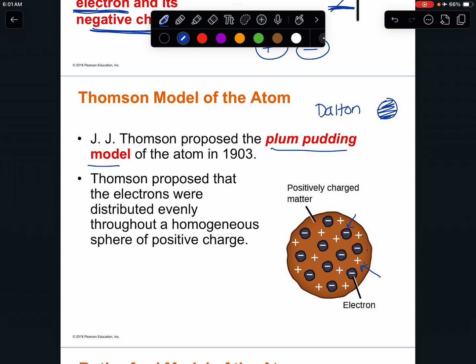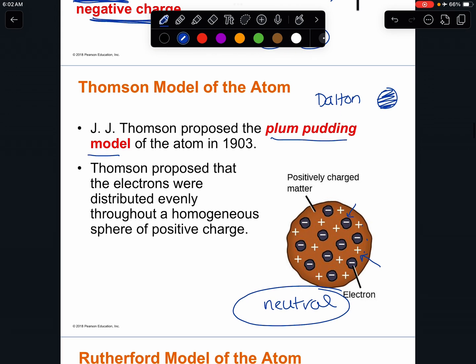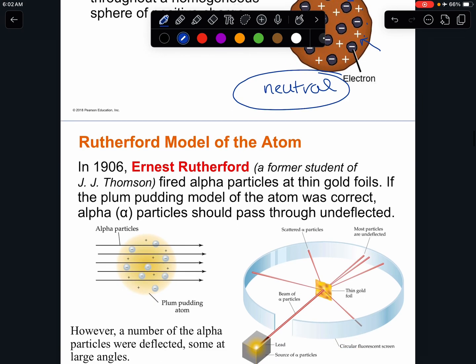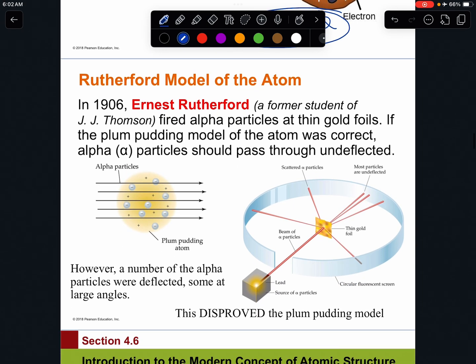So his idea, this positive and negative, was that the atom was neutral, which we know that to be true today. So he was describing how there had to be positives if there were negatives, because he did know the atom was neutral. So we call this the plum pudding model. And again, we had negative plums inside a positive sphere. And we're getting closer to what our atom looks like, but we do know that to be not true today.